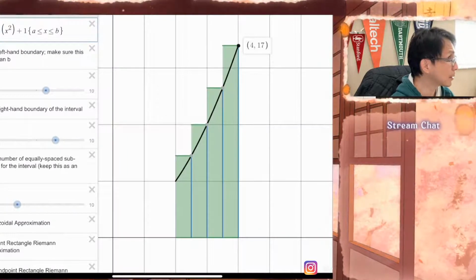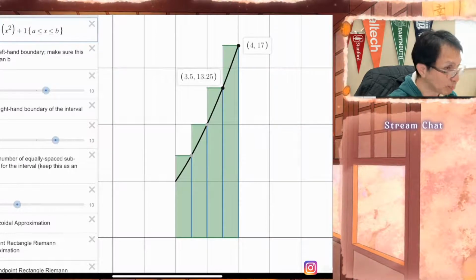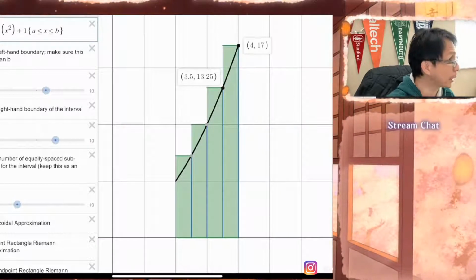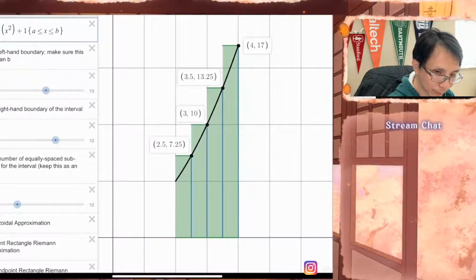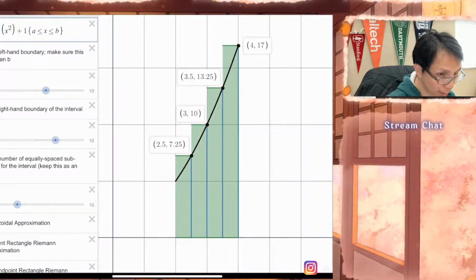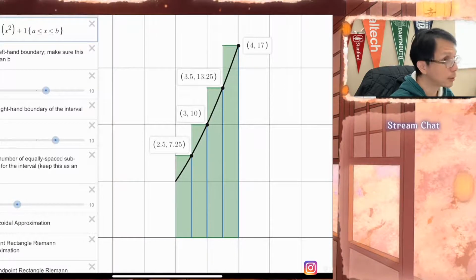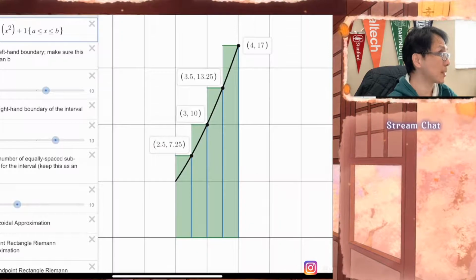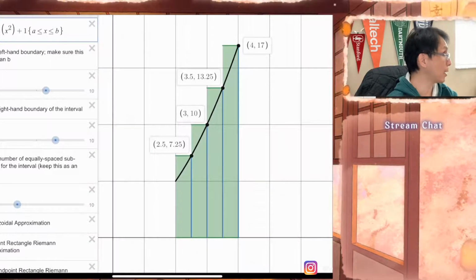Does that make sense? And also this point is 3.5. Why 3.5? 3.5 squared is going to be 12.25, plus 1 is 13.25. Right? 4 points. But do you realize I didn't use 2? Because of those 4 spaces, I only can use 4 points out of 5.